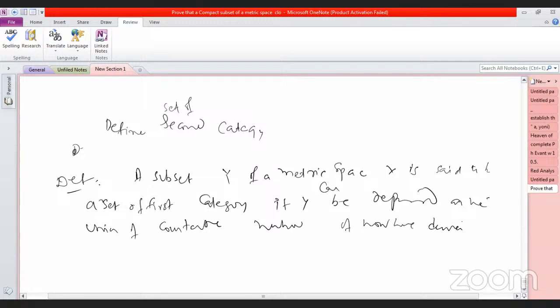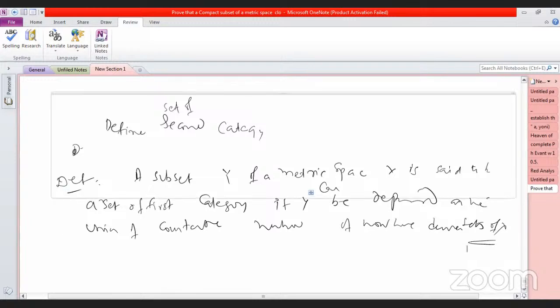ఇవాళ చెప్పాను డెన్స్ సెట్స్ గురించి. y మెట్రిక్ స్పేస్ అయినప్పుడు ఈ సెట్ ఆఫ్ ఫస్ట్ కేటగిరీ అవుతుంది. a బార్ ఈజ్ ఈక్వల్ టు x అయితే ఈజ్ కాల్డ్ యాజ్ డెన్స్ సెట్ అని చెప్పాము.